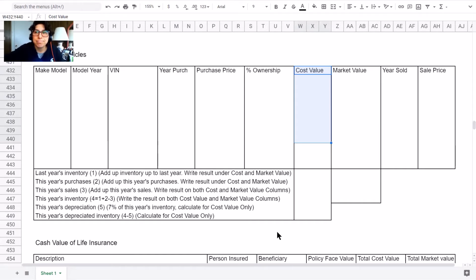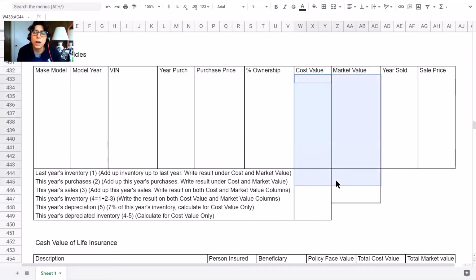So, for example, if one of these is easier for you, maybe you are used to using cost value, maybe you're used to using market value, maybe you just don't want to deal with two numbers, which I understand.